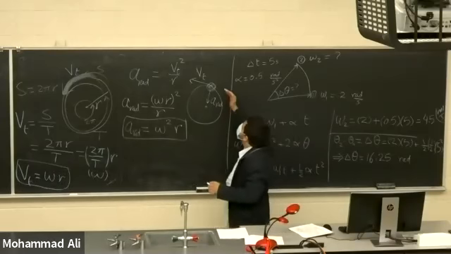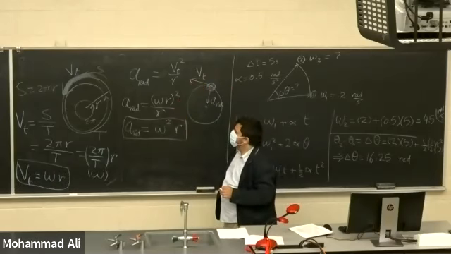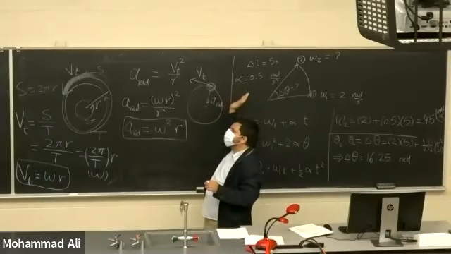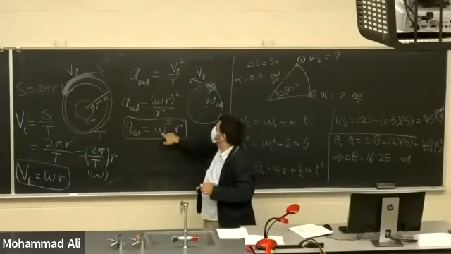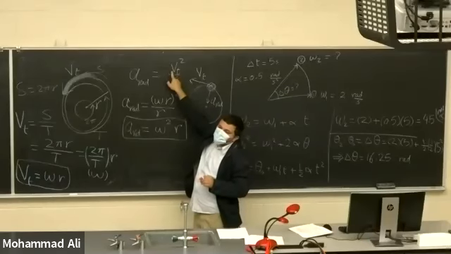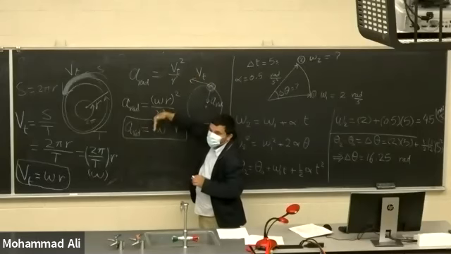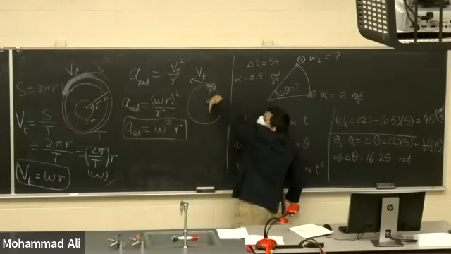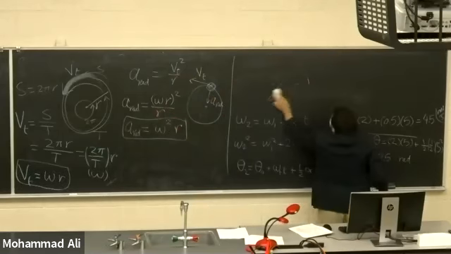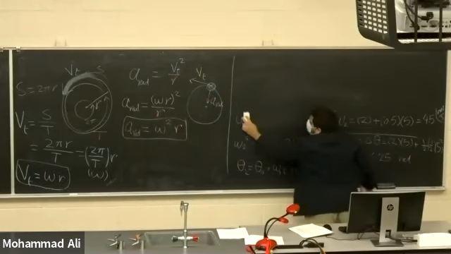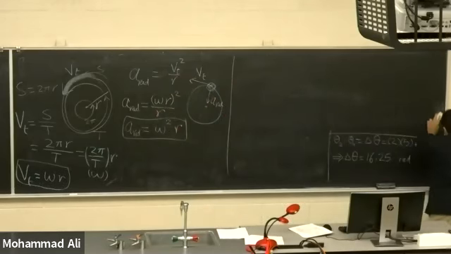Now, this velocity is constant, as we see. But what if the angular velocity is changing? What if omega is changing or the tangential velocity is changing? We have acceleration toward the center direction, but what if the object is changing its velocity during its rotation? Then we have another acceleration.